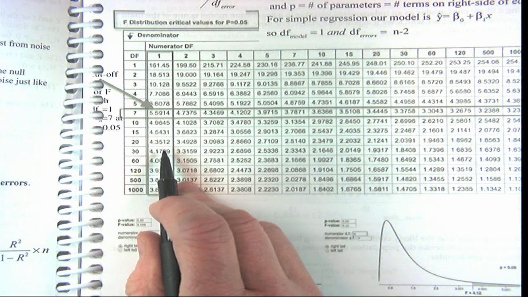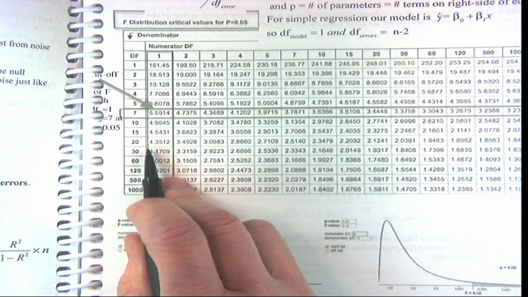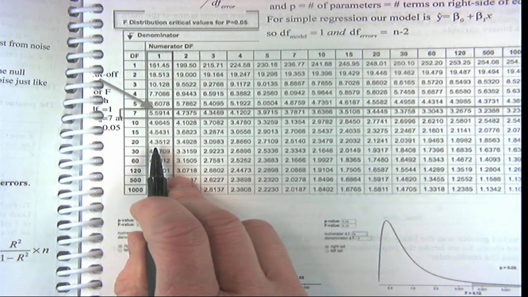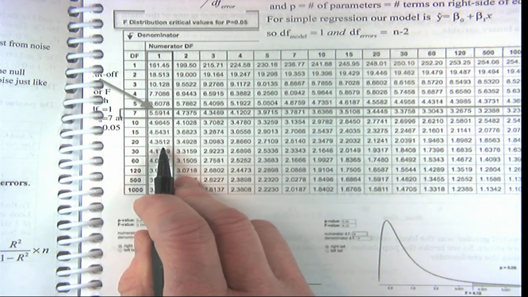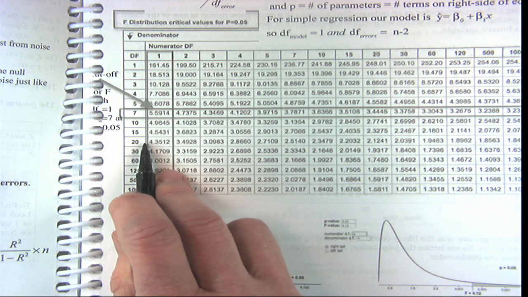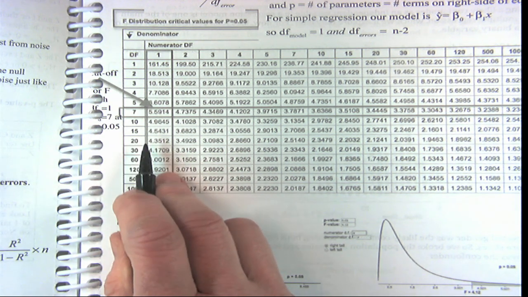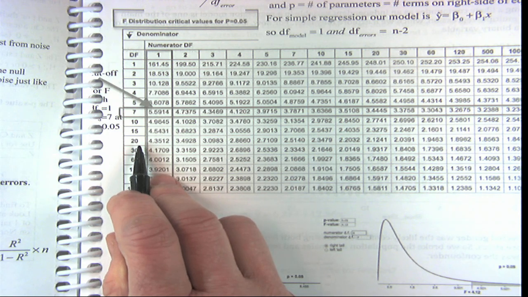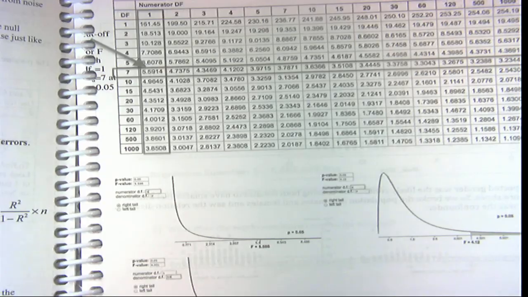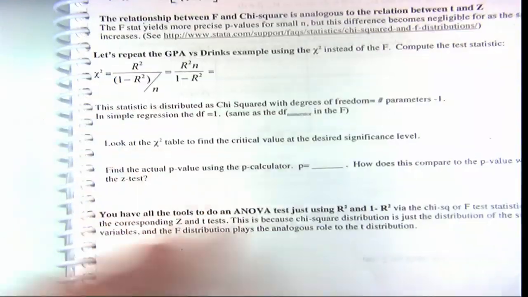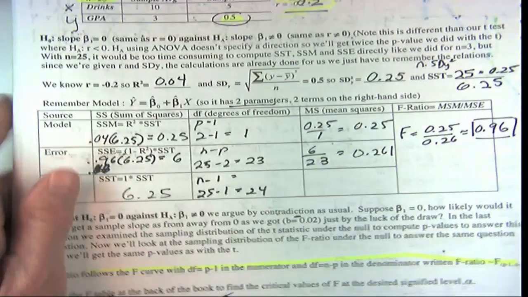We don't quite have that in the table, but when we looked exactly, it was 4.279, somewhere between 20 and 30. If you just had this table, I would go with the smaller degrees of freedom and use this critical value. You can see these curves are very asymmetrical.